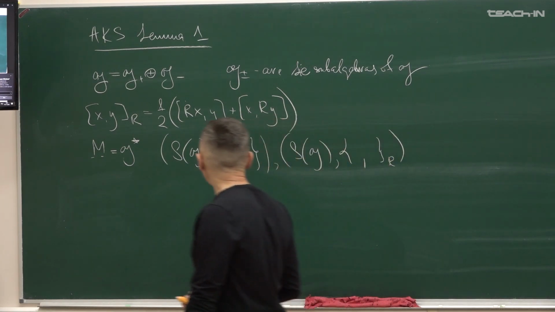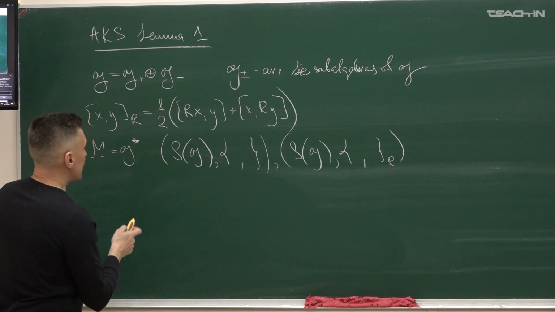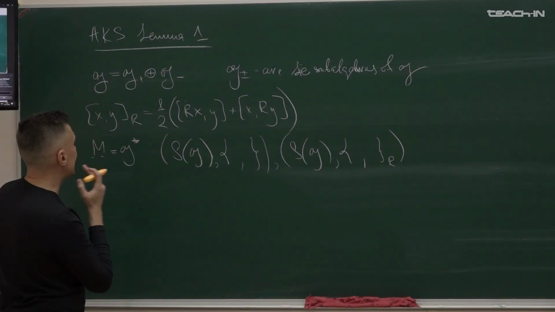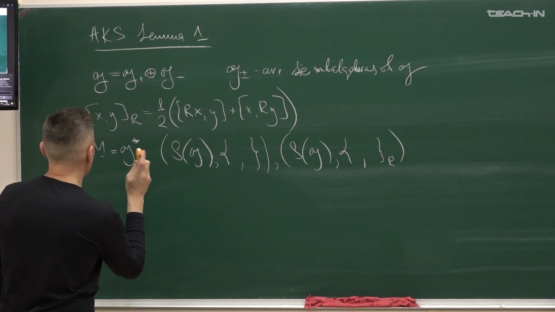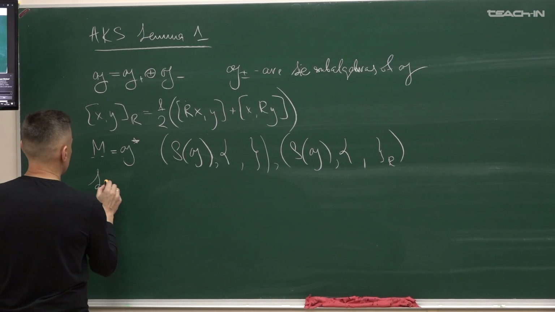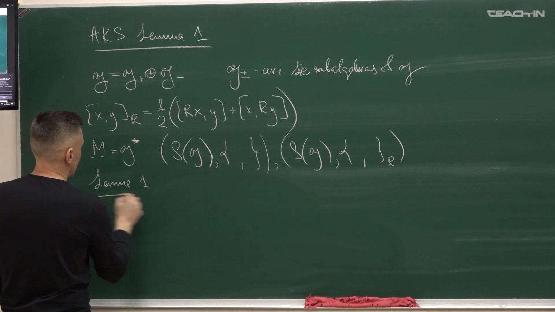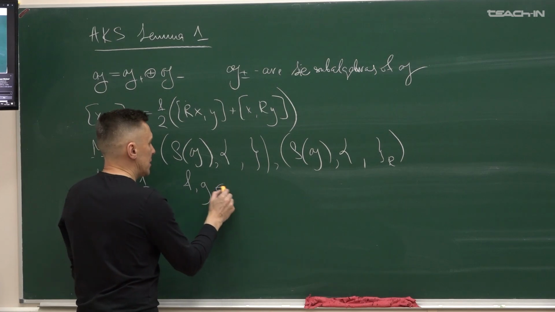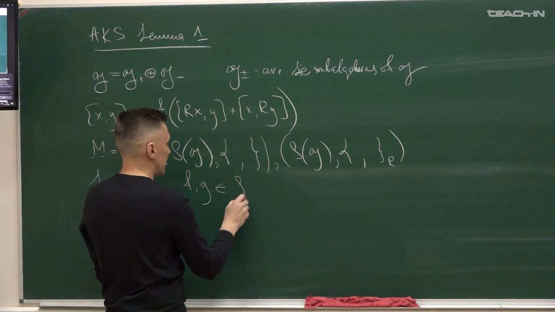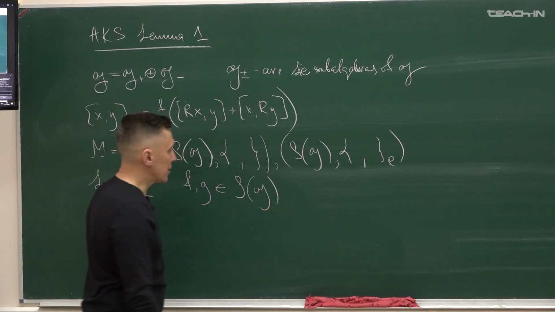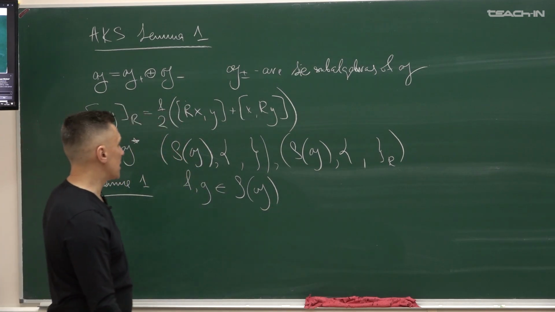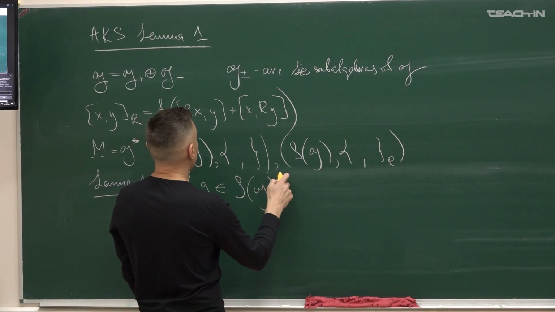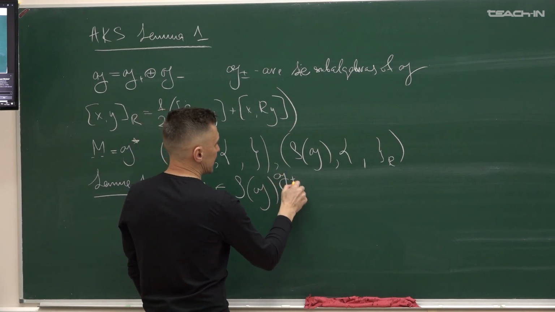Okay. And then the lemma was the following. Lemma one: let f and g be functions from this ring of functions, but additionally we assume that they are G plus invariant.